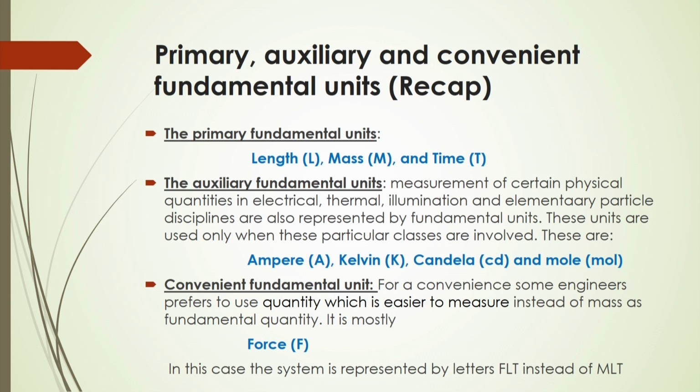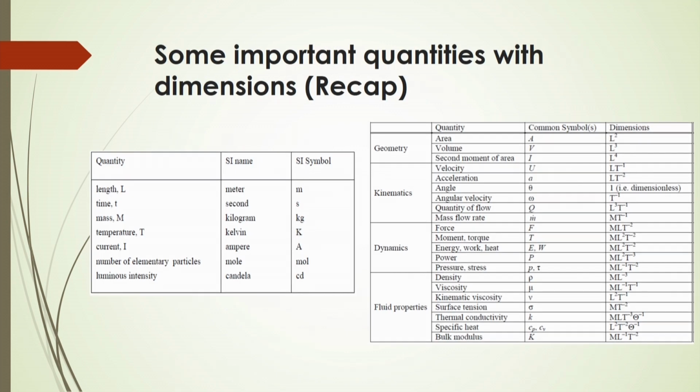So, these are the primary, auxiliary and convenient fundamental units that you have to know before doing the dimensional analysis. And for those quantities, what should the dimensions be? You know the units, but dimensions will also be representing the units. So, these two tables are given here for the different quantities, showing what the dimensions should be. Like area, the unit is meter square, so the dimensions by fundamental unit should be L square.